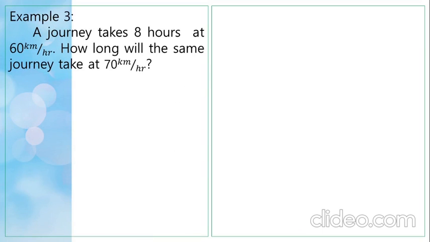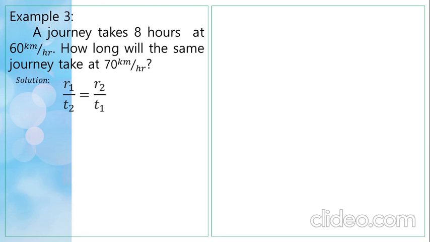Therefore, y sub 2 is equal to 10. For our third example, a journey takes 8 hours at 60 kilometers per hour. How long will the same journey take at 70 kilometers per hour? So in this particular problem, we can actually use the proportion r sub 1 over t sub 2 equals r sub 2 over t sub 1.